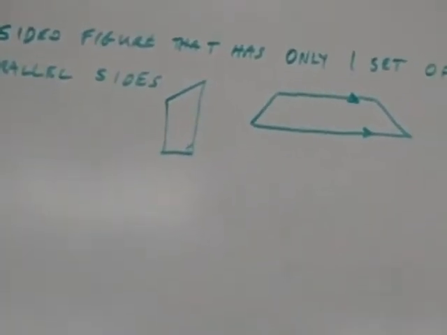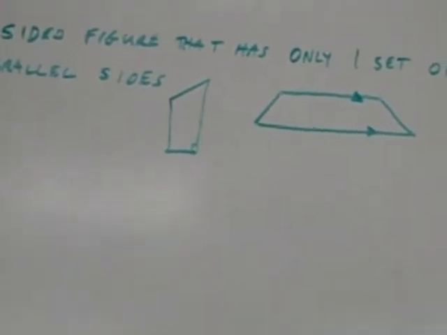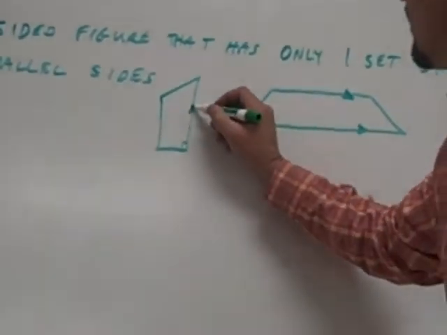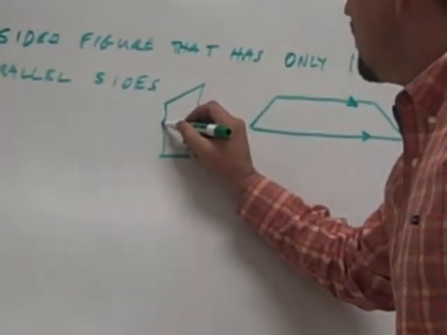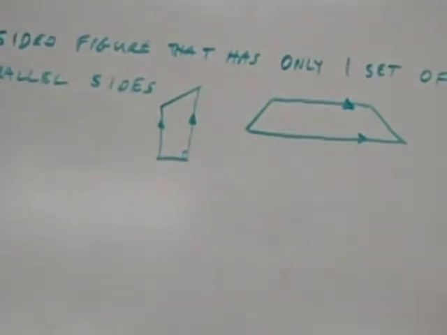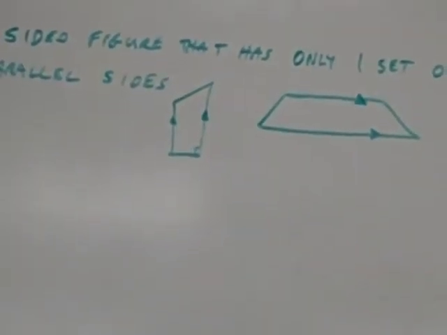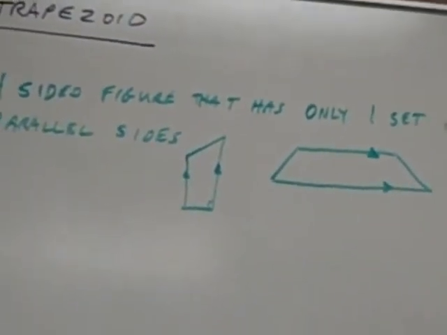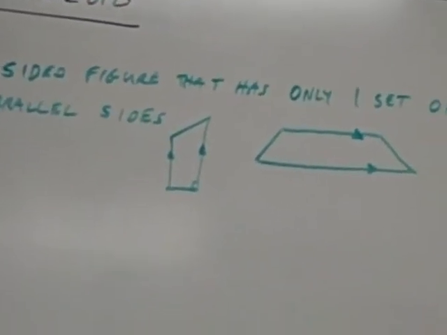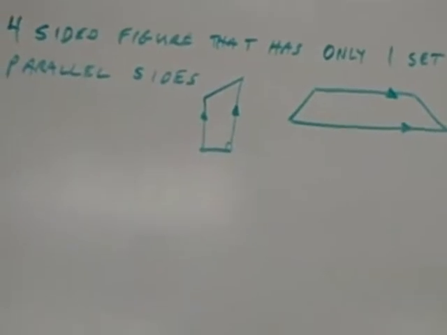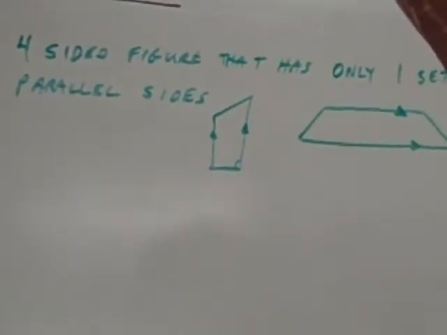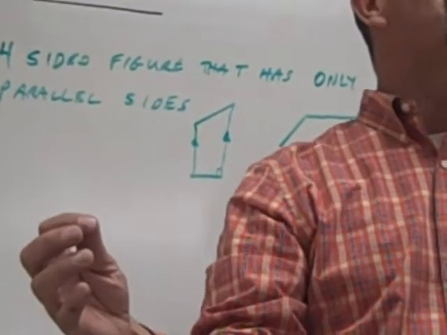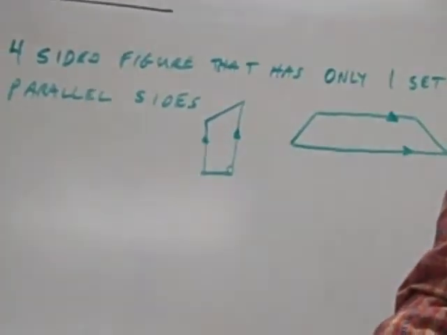And I get students saying, that's not a trapezoid. Oh, yes, it is. It's the same thing as it still has one set of parallel sides. Instead of laying down, though, we stood them up. It's still a trapezoid. So don't let them fool you by just turning it. If you don't like the way it looks on your paper, do what to your paper? Turn your paper, then it's laying down.